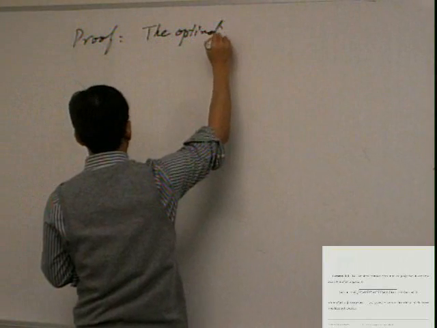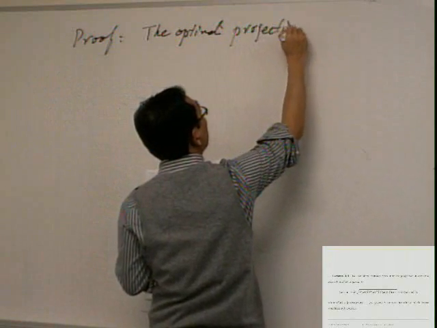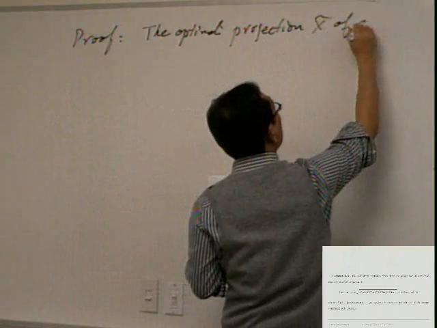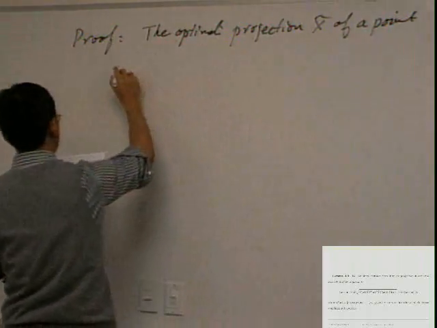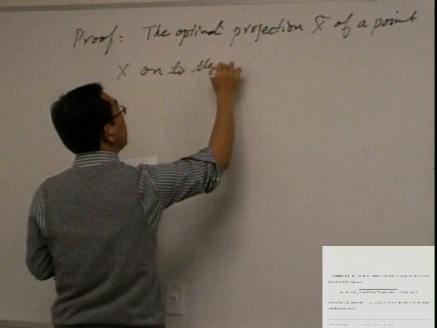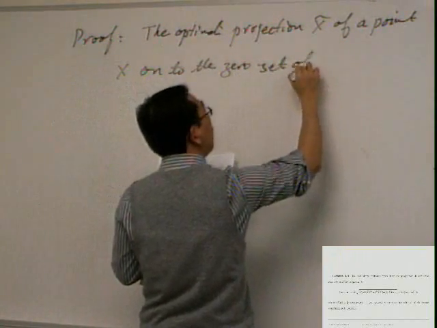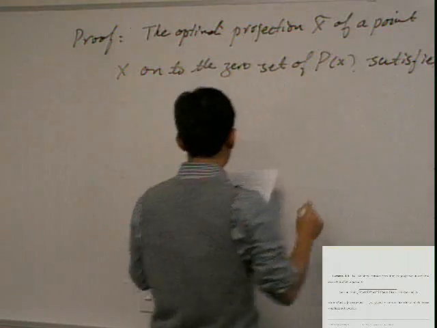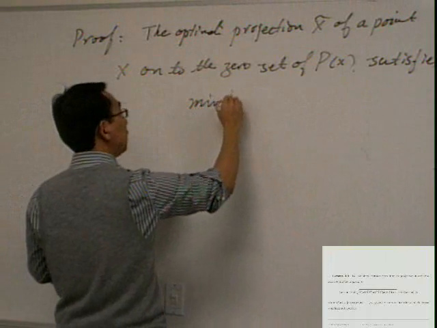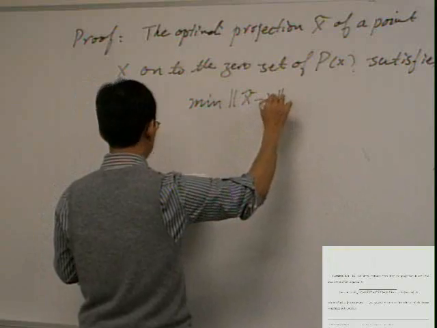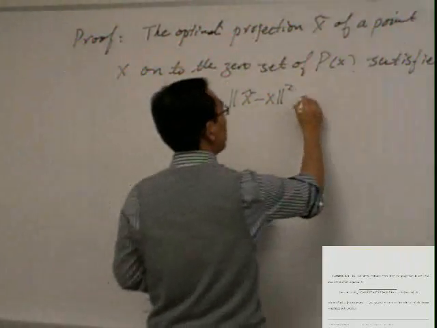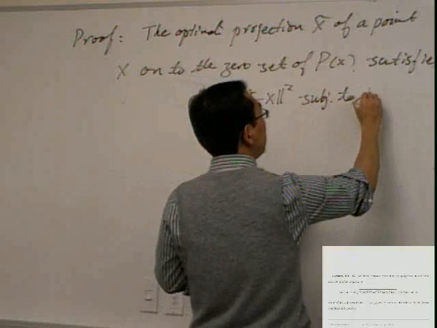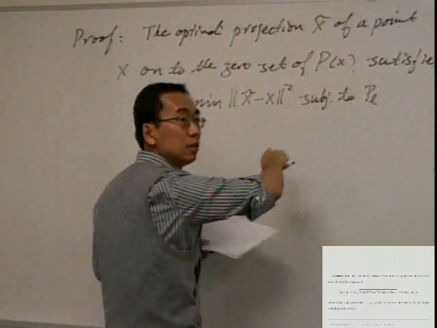So as I said, let's start the proof. We know that the optimal projection x tilde of a point x onto the 0 set of p of x must satisfy the following objective function that minimizes the Euclidean distance of the two points, subject to P. This capital P is equal to a list of a whole bunch of small p's.